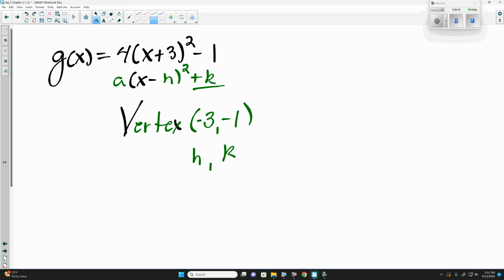Because the negative and negative makes a plus. So inside the parentheses, if we're taking a value for the vertex, we have to change the sign from positive to negative or negative to positive. Because if I erase this here, and we said x minus 3, the vertex would instead be 3, negative 1. If we see the difference there. Okay? We ready for what's next?